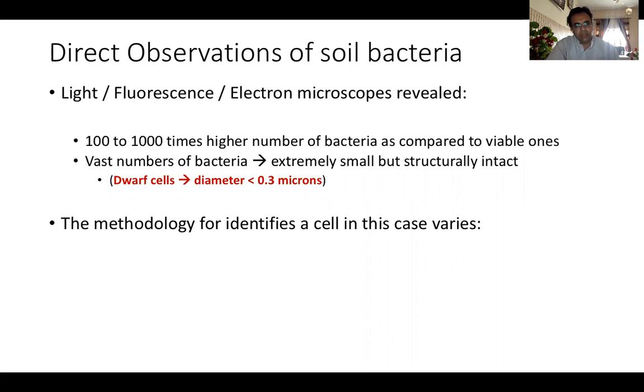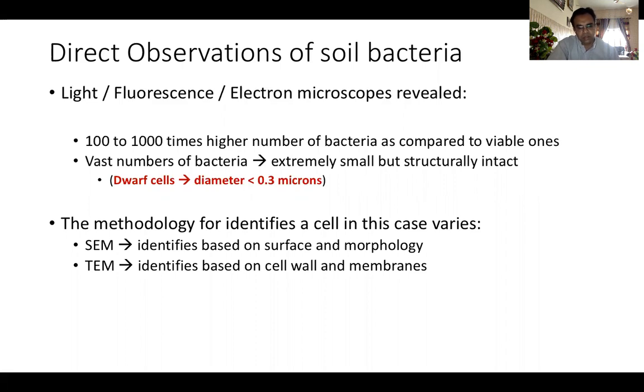The methodologies in direct observation are different, as you see, and they have different criteria based on which they identify the cell. For example, scanning electron microscopy, SEM, identifies a cell based on surface and morphology. How is the morphology and how is the surface of the cell.